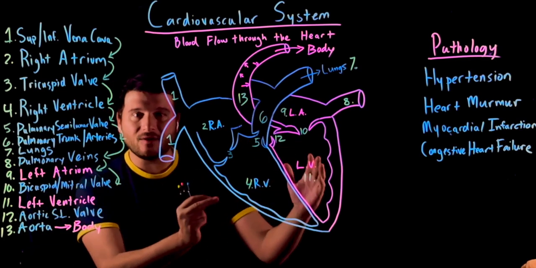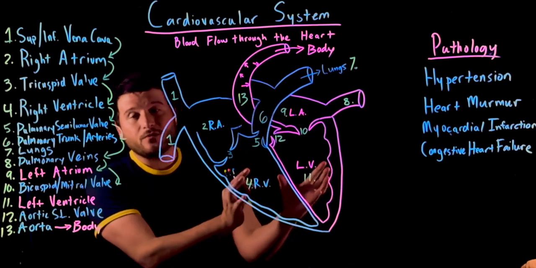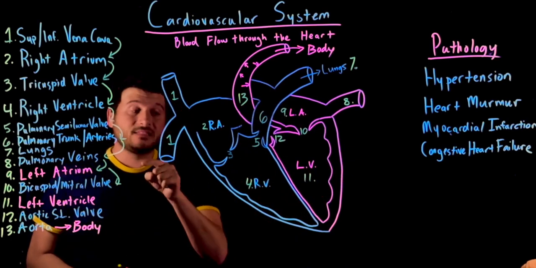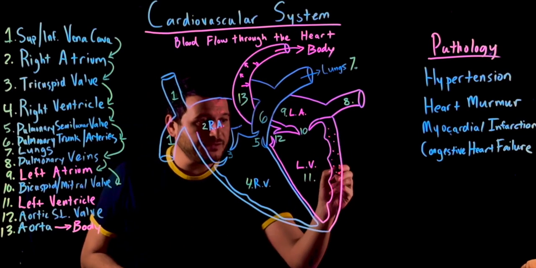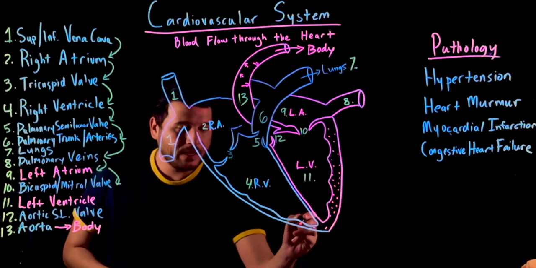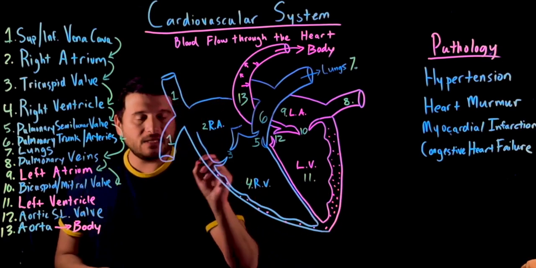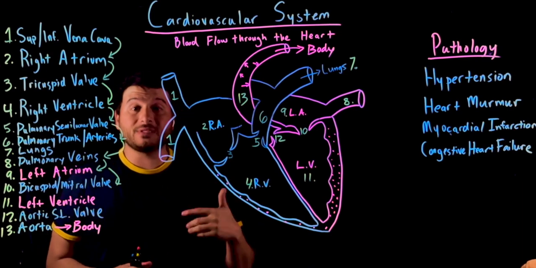Well, guess what needs the most ATP? The heart itself. So there's a vascular system of the heart where it delivers blood to itself. And it's delivering that blood to this myocardium here. All of these muscle cells need freshly oxygenated blood. And if it doesn't get freshly oxygenated blood, then it starts to not produce ATP.